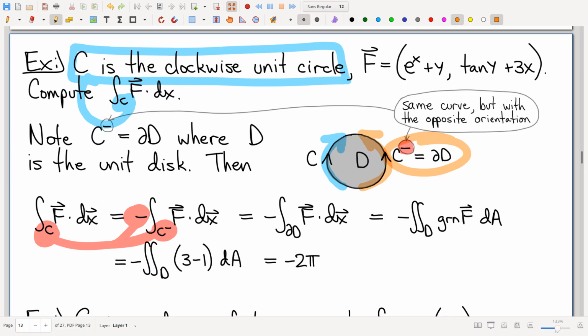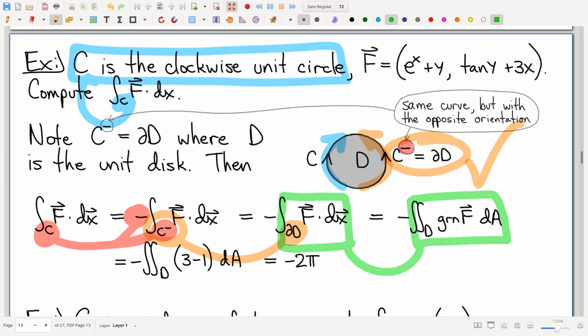Then recognize that the curve going the opposite direction is a boundary, as we noted there. The minus sign comes along for the ride. Of course, don't drop the minus. And once you have that it is a boundary, then sure, absolutely, no problem. Go ahead and rewrite with Green's theorem as a double integral.